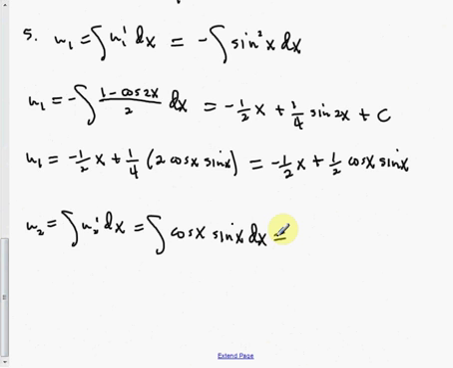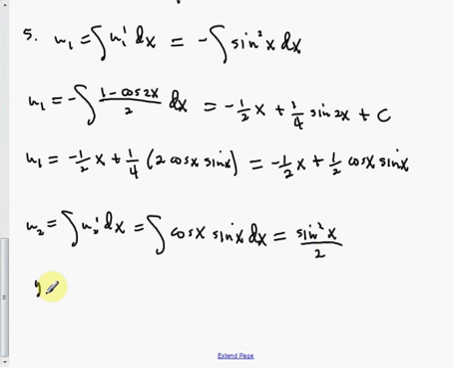If u is sine x, du is cosine x dx. So your answer becomes sine squared x divided by 2. Integrate u, so that's just u squared over 2. So this becomes sine squared x over 2. Hopefully you've seen that enough times in calculus 2 to know what's going on.